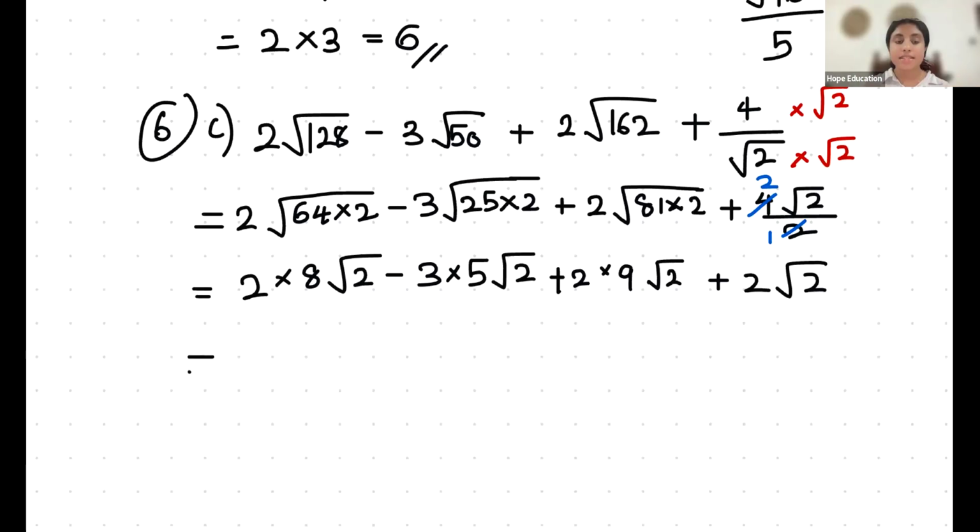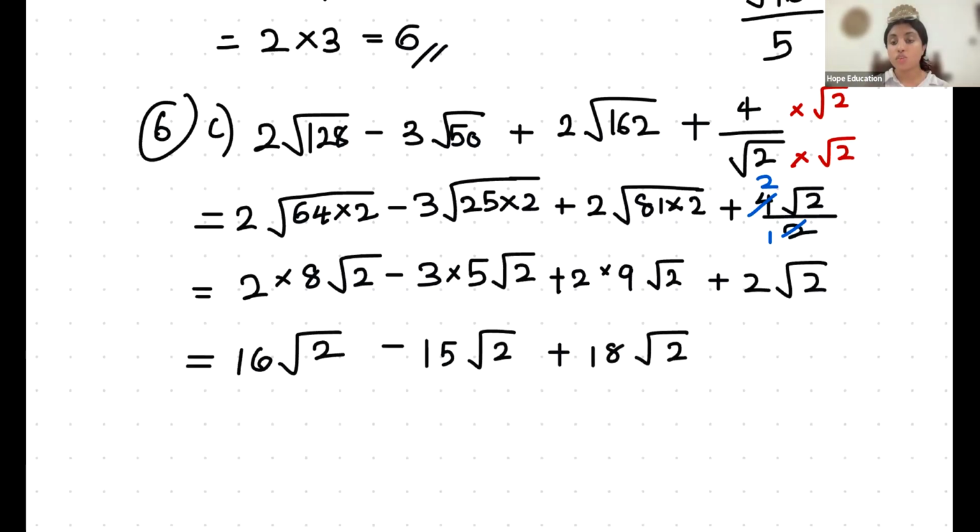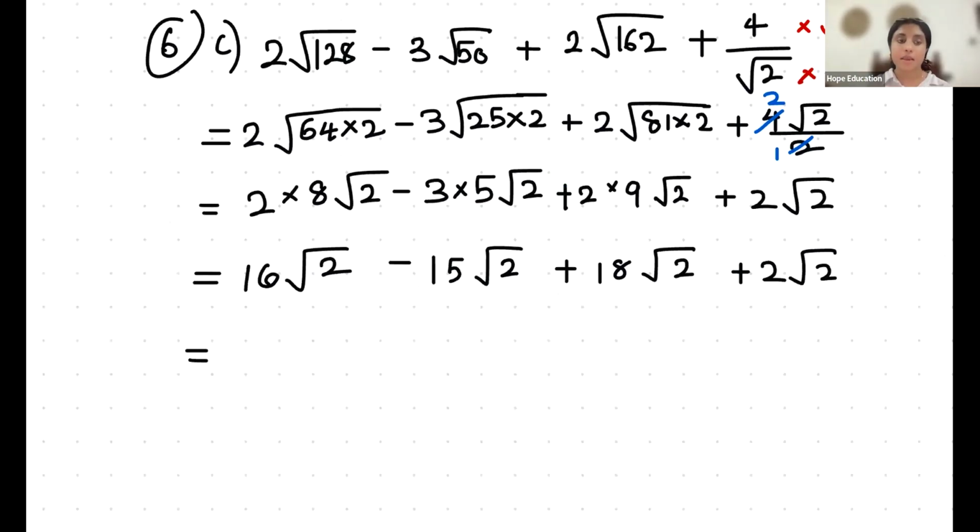2 times 8 is 16 root 2. Here 3 times 5 is 15 root 2. Here 2 times 9 is 18 root 2. Plus 2 root 2. They are all root 2, so we can add and subtract easily.